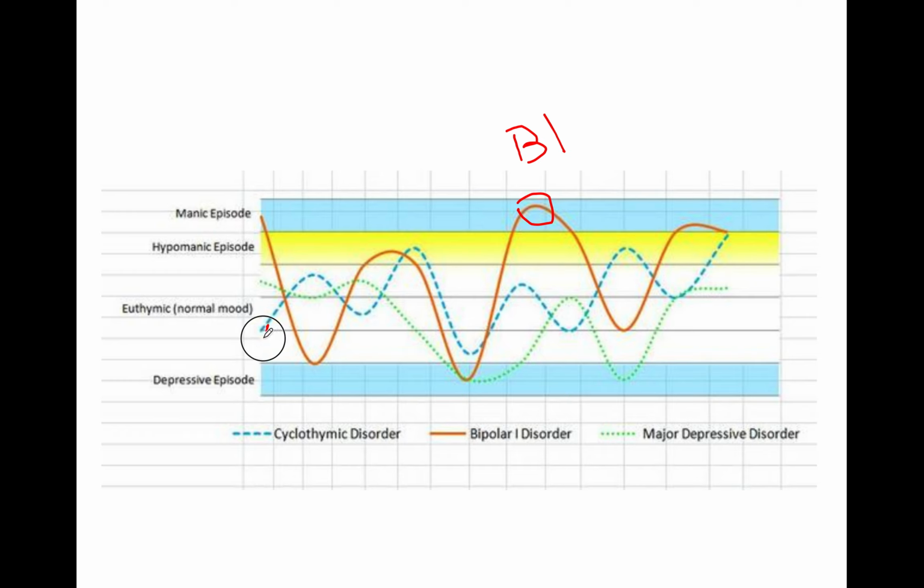You would go up to hypomania, not into mania, and a depressive episode. But you need to have a hypomanic and a depressive. But as soon as a person dips into mania, bipolar 1. If it's only depressive, then it's depression. If it's hypomania and depressive, then we have bipolar 2.